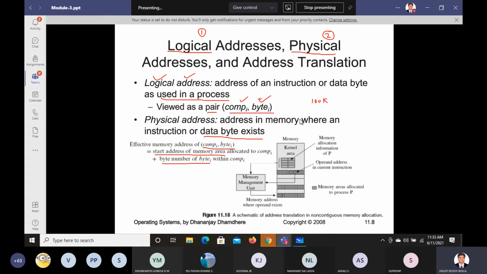It is very simple. This is starting at 10K, but your data is somewhere here, which means it is at the 12th position. So the memory maps this COMP to 10K and this byte to 12K.